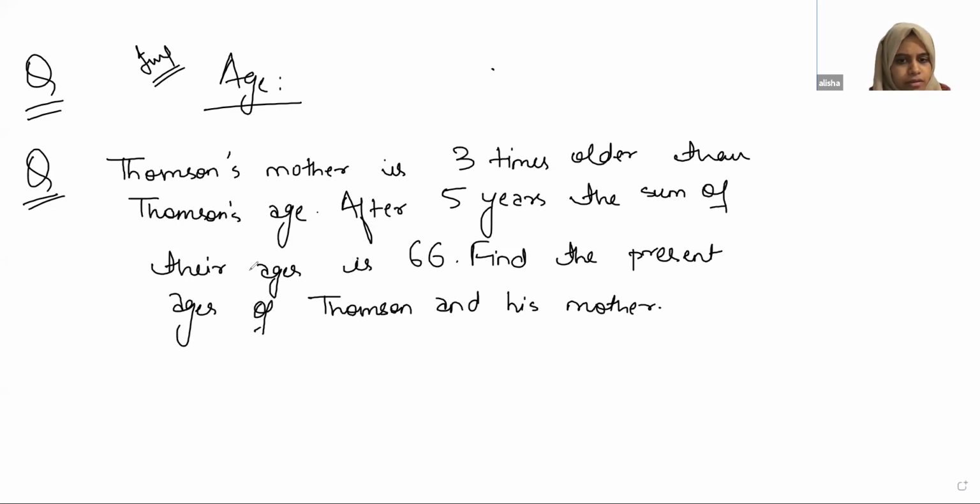X into 3. So let his mother's age be 3x. Right or wrong?